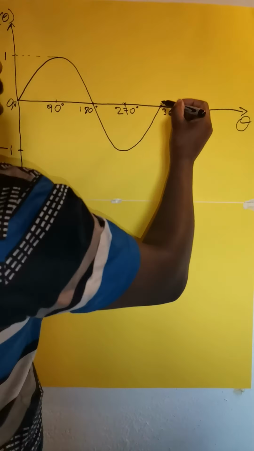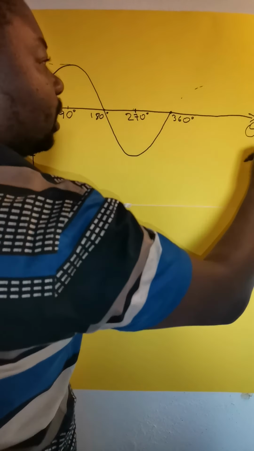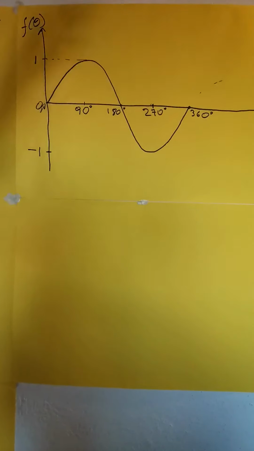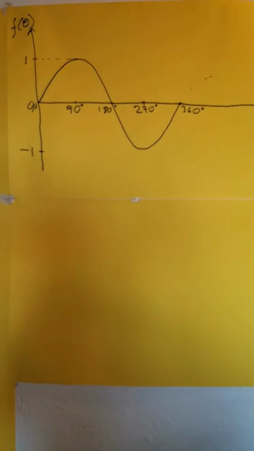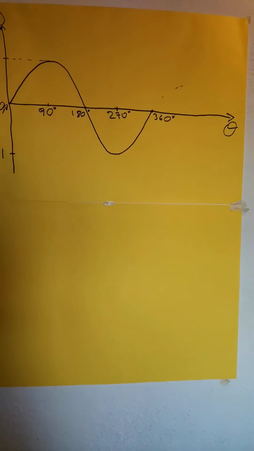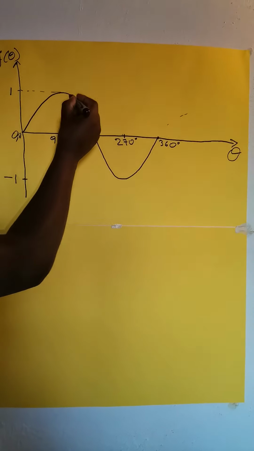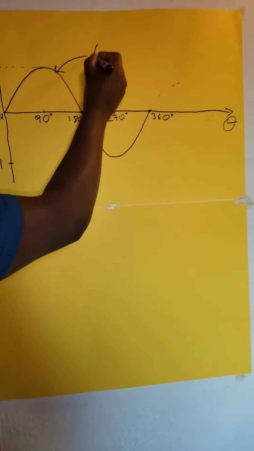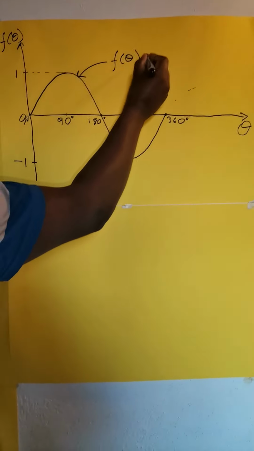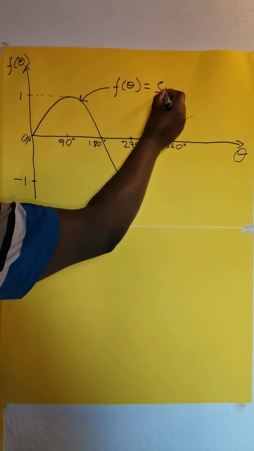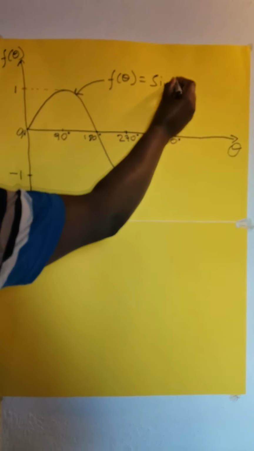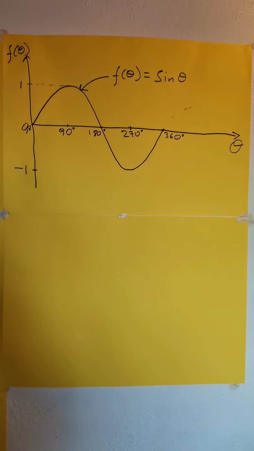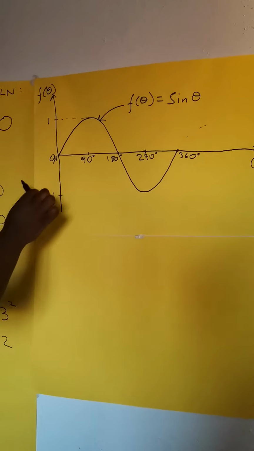We actually have another sine graph as the oscillations continue propagating. You're looking at a general solution. So this graph here is basically f of theta equals sine of theta.